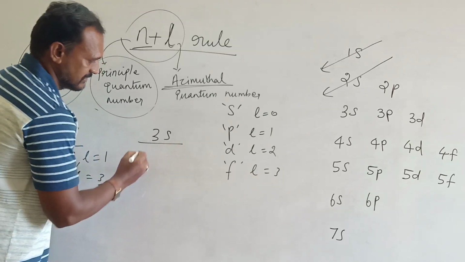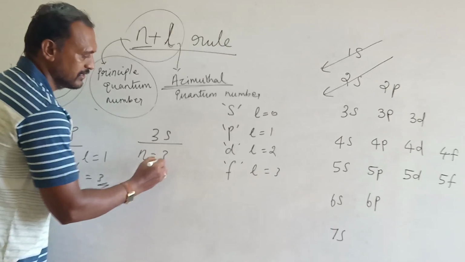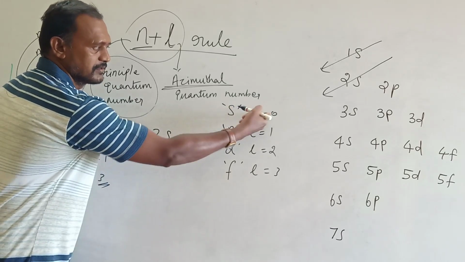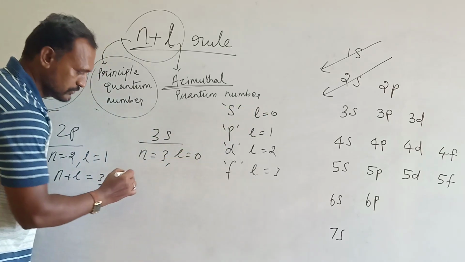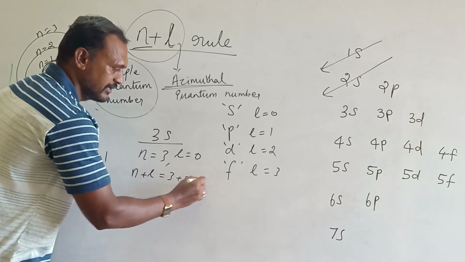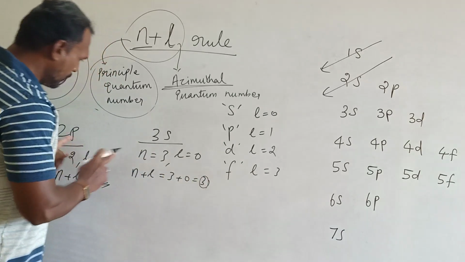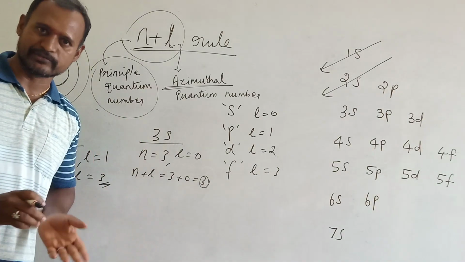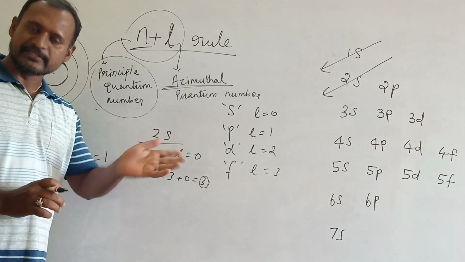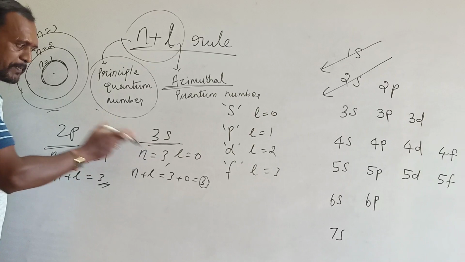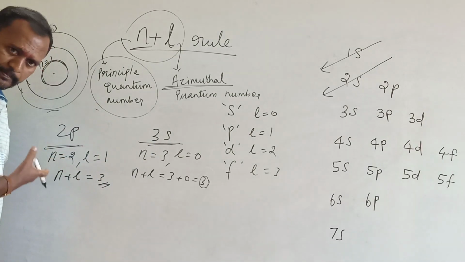Then for 3s, n value 3. For l value 0. Okay, so n plus l value 3 plus 0, 3. So here both orbitals are having equal n plus l value actually, not equal energy. So 2p and 3s, these two orbitals are having the same n plus l value.